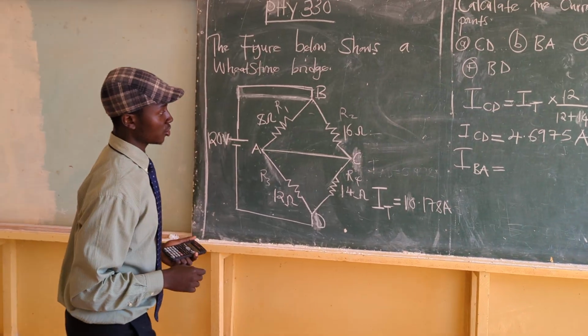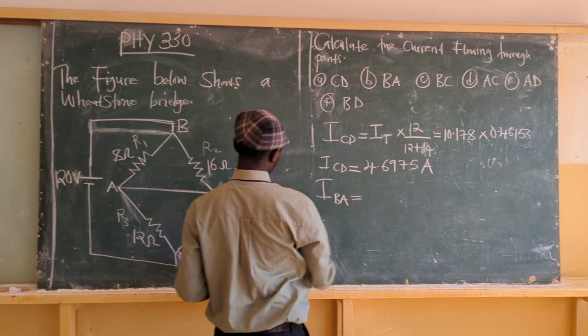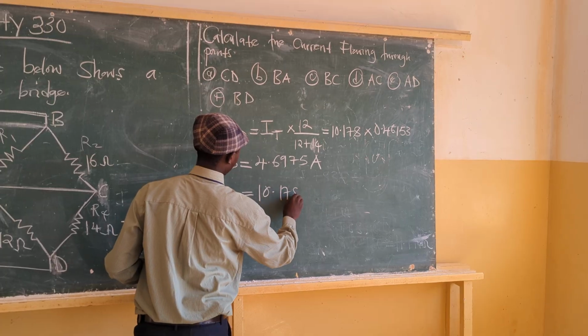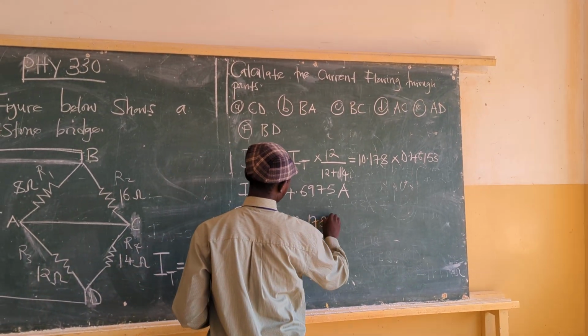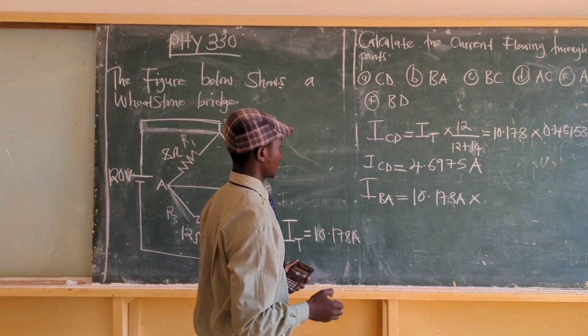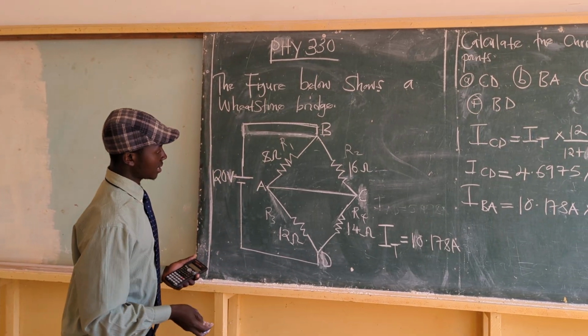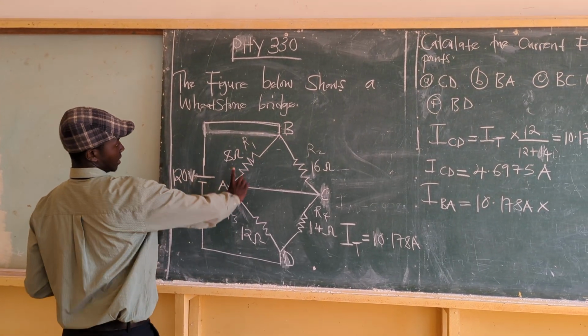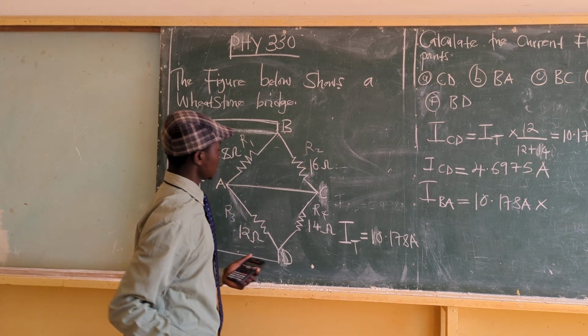The current total is 10.178 amps times, since we are finding the current flowing at the point BA, we get the opposite resistor, which is the 16 there.